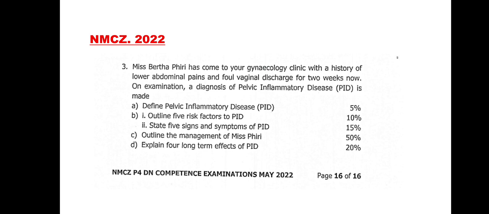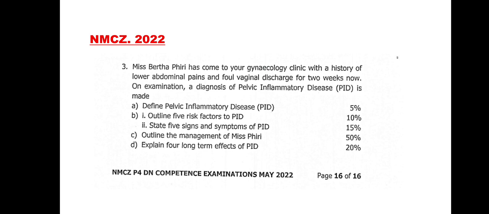Okay. So that's pain during sexual intercourse. And then the other sign and symptom is intermenstrual bleeding.